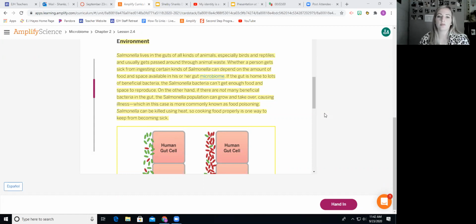If the gut is home to lots of beneficial bacteria, the Salmonella bacteria can't get enough food and space to reproduce. On the other hand, if there's not many beneficial bacteria in the gut, the Salmonella population can grow and take over, causing illness, which in this case is more commonly known as food poisoning. Salmonella can be killed using heat, so cooking food properly is one way to keep from becoming sick.